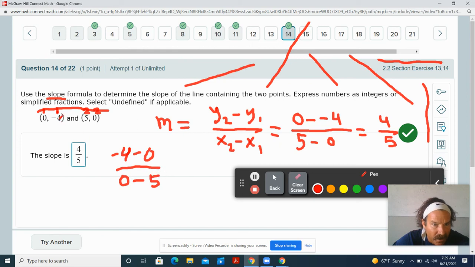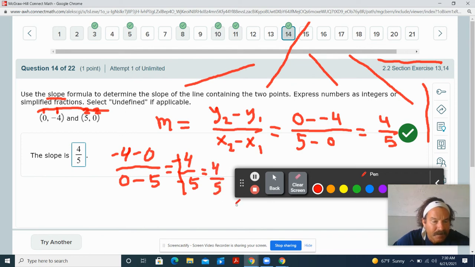Wherever you start the subtraction, you have to be consistent on the bottom. Negative 4 minus 0 is negative 4, and 0 minus 5 is negative 5. Notice the negatives cancel because you have a negative over a negative, and you still get the same answer, 4 over 5.